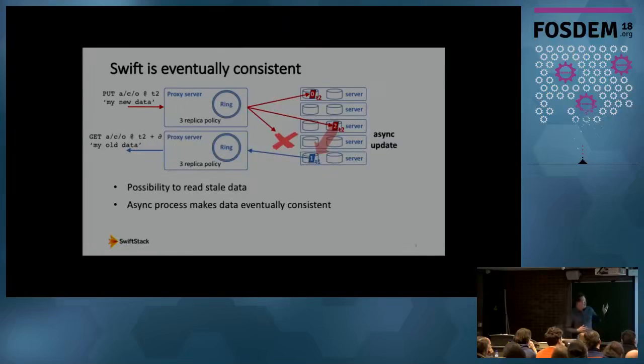Eventual because those background asynchronous processes are always working to update all of the replicas and ensure that eventually your data becomes consistent. Now, if that sounds odd to you, rest assured there are plenty of applications where this consistency contract is totally acceptable. And this does enable Swift to be very scalable and highly available.